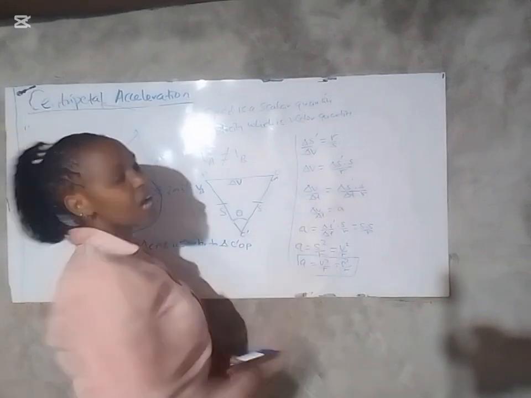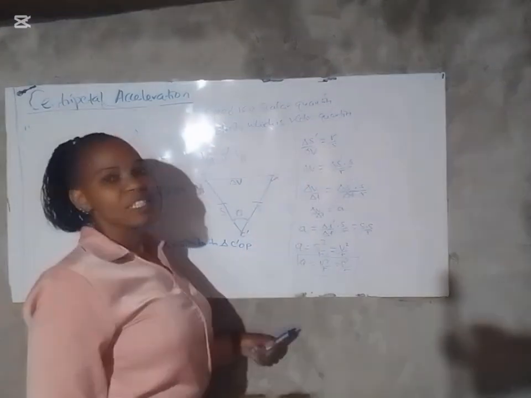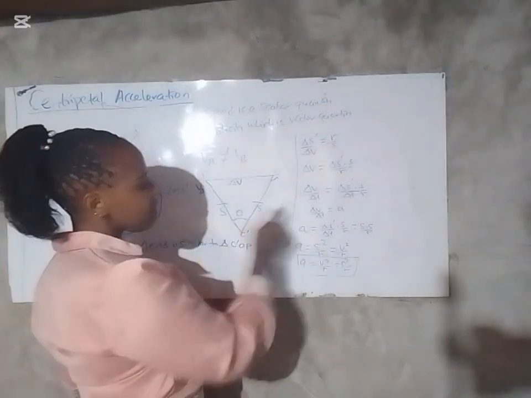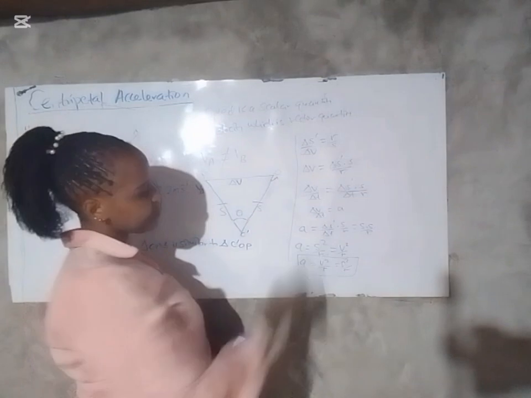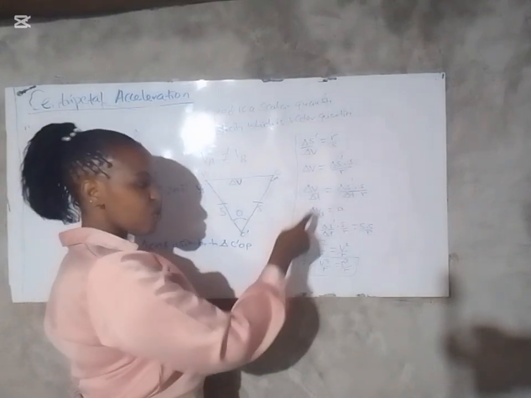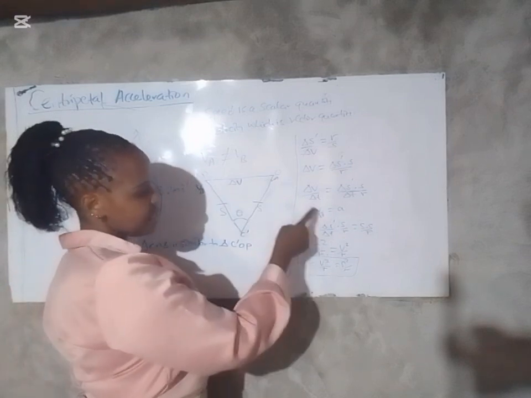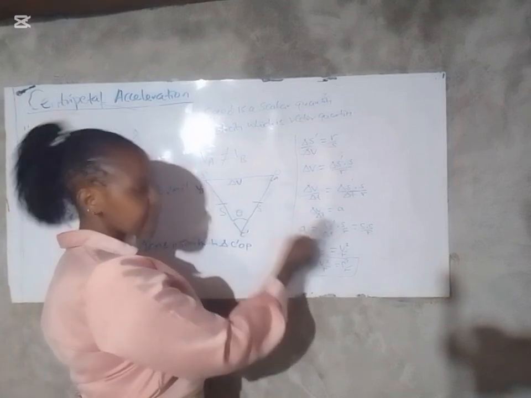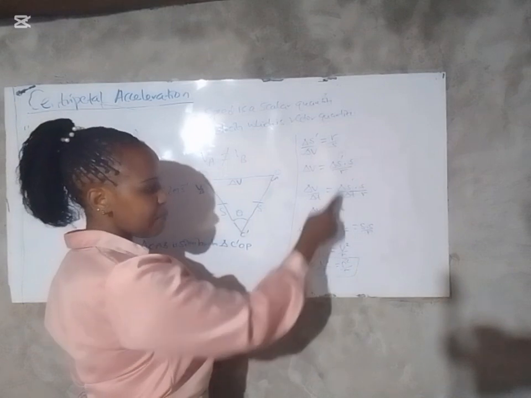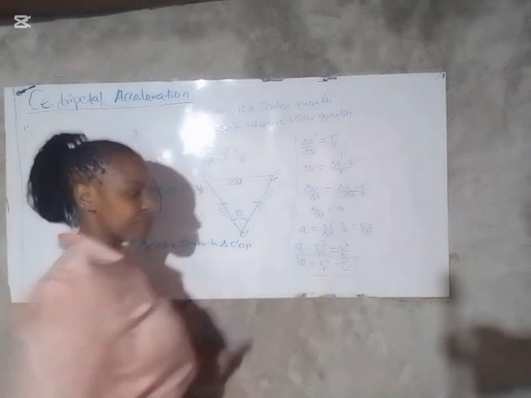Now S and R are constant. Delta V and delta S prime are changing. So we divided everything by delta T, and we know delta V over delta T is acceleration. So acceleration, which is delta V over delta T, is equal to delta S prime over delta T multiplied by S over R.